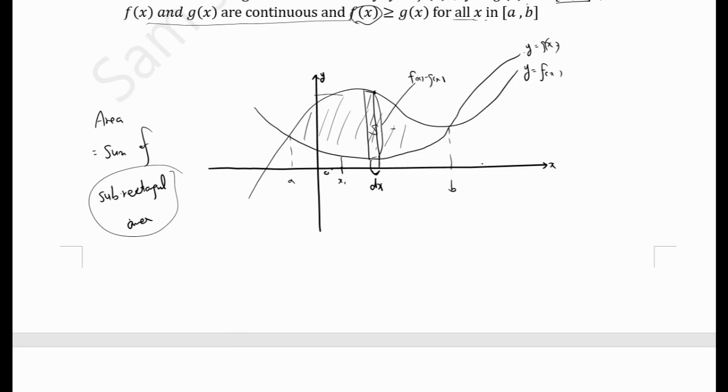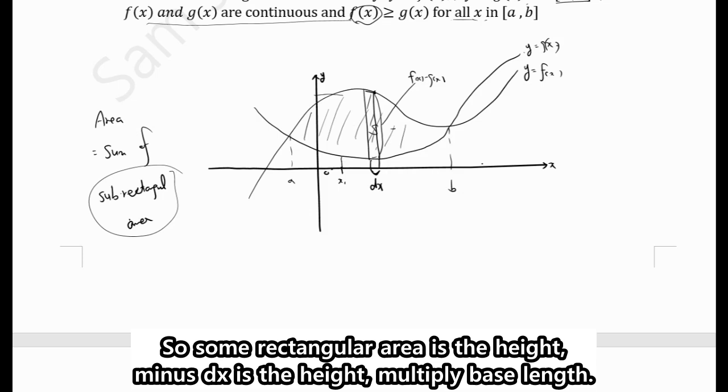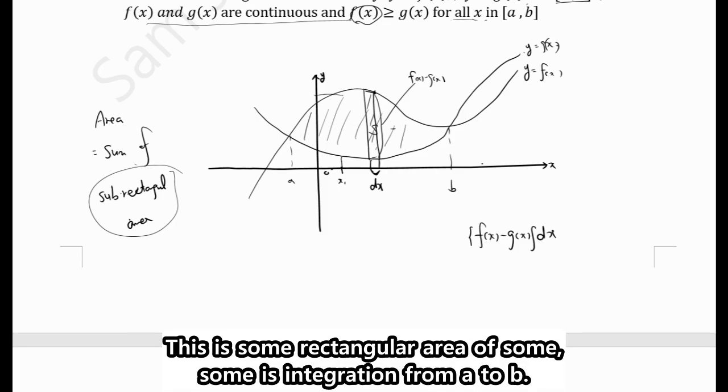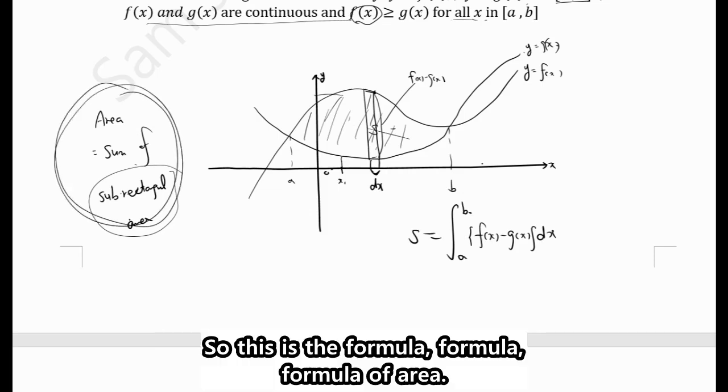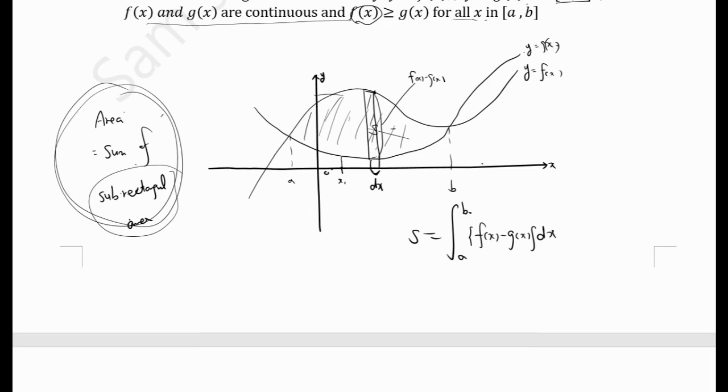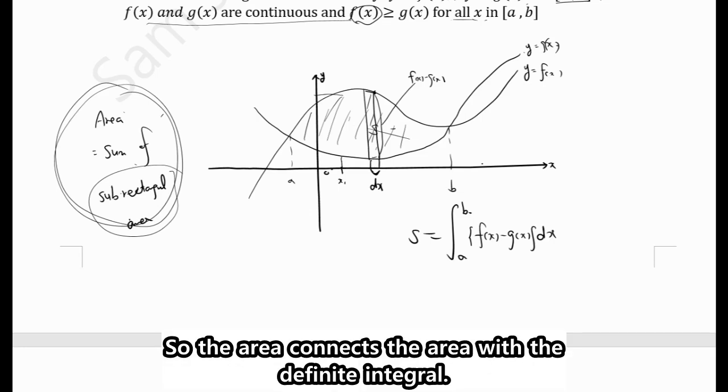So the subrectangular area is the height, f(x) minus g(x), multiplied by the base length dx. The sum is an integration from a to b. This is the area A. So this is the formula of area. It connects the area with the definite integral.